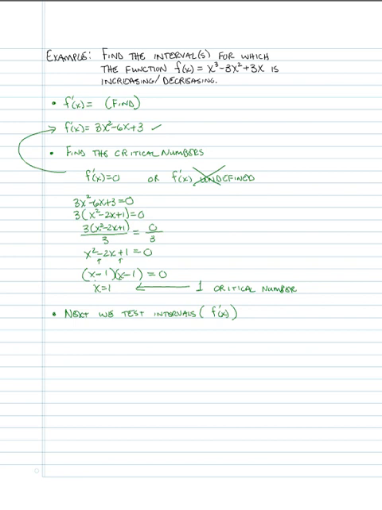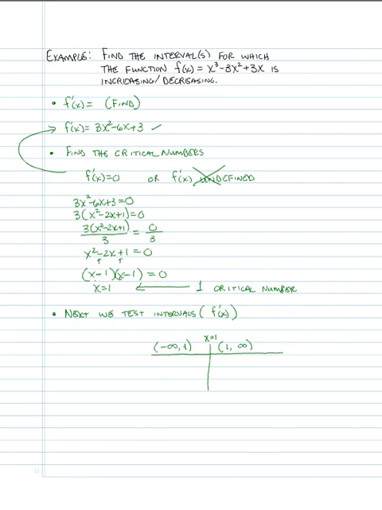Okay, so kind of set up for our table. This is where x is equal to 1. So here is negative infinity up to positive 1. And on the other side is from 1 to infinity.